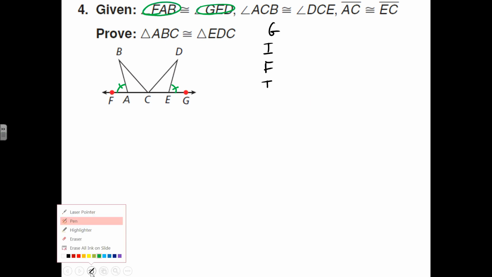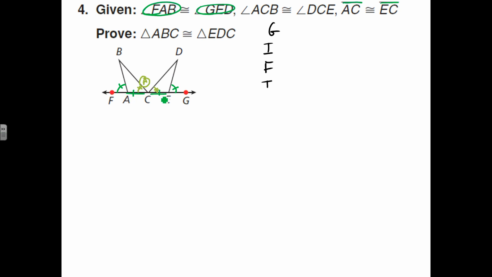We're also told that ACB is congruent to DC. That gives us, within the triangle, a parallel angle. And we're also given the fact that AC and EC are congruent. These guys, that gets us a parallel side. That's a given.